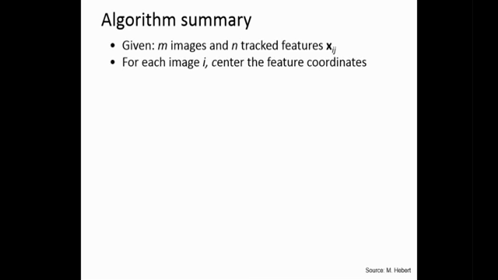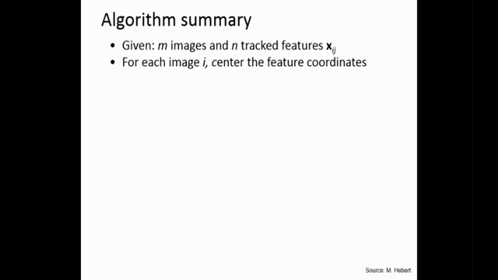So to summarize this algorithm, you're given a set of m images and n tracked features. And this is the one that you'll be implementing based on your track points in homework 2. We'll assume for now that you just see every point in every image.